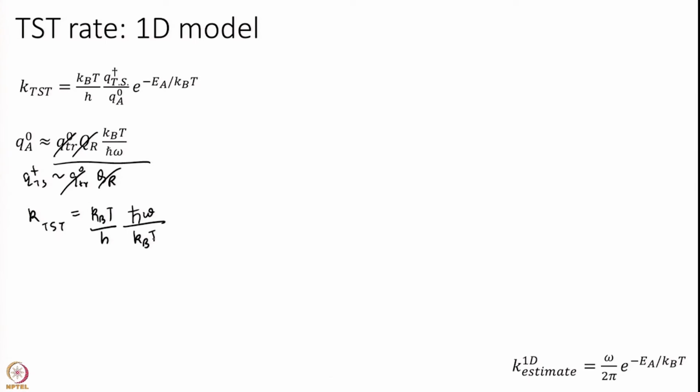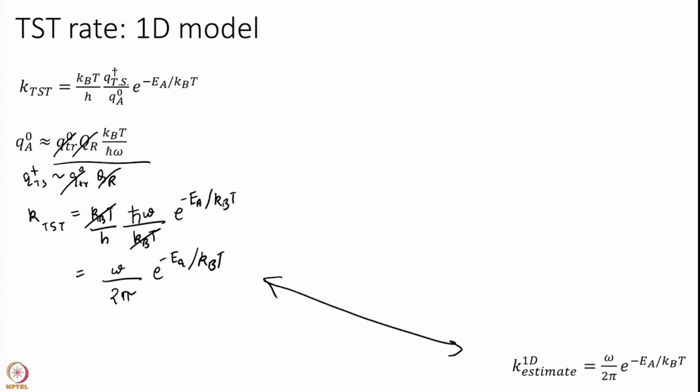QA naught is in the denominator, so I invert it, into e to the power of minus EA over kT. Now, you notice something beautiful happens, and I get h bar divided by h, which is nothing but 1 over 2 pi. Notice something beautiful? You get the same simple minded answer.